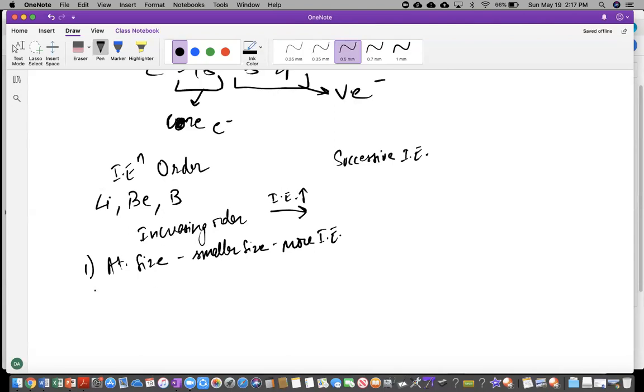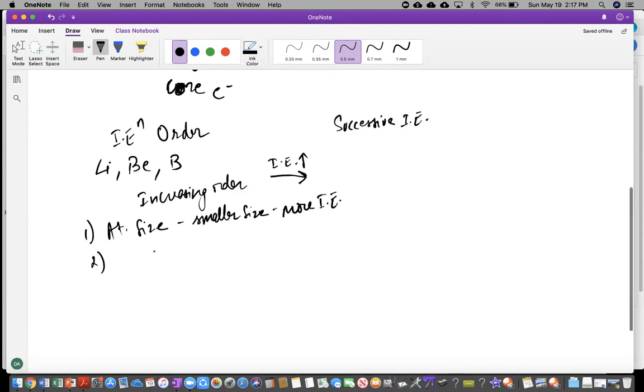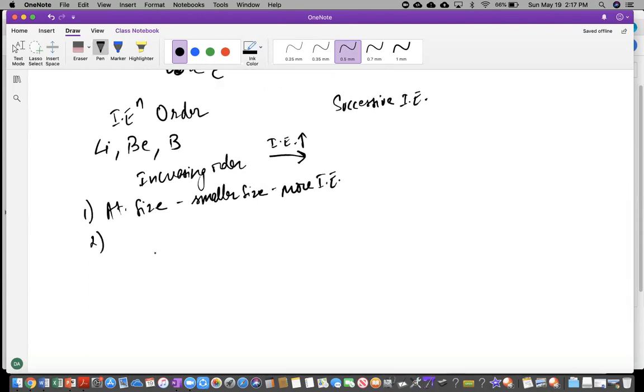The second factor goes together with the first. First, you put things in atomic size order, and that gives you the ionization energy. But then you look at the second thing, which is the stability of the orbital diagram.